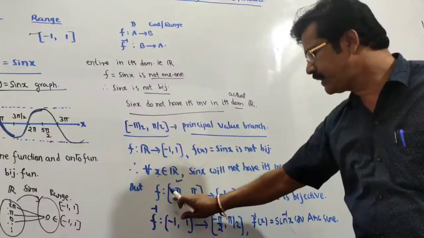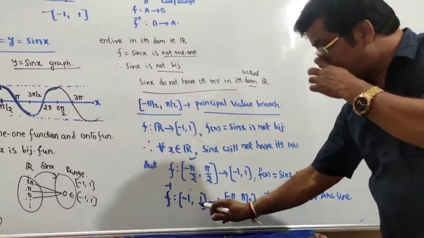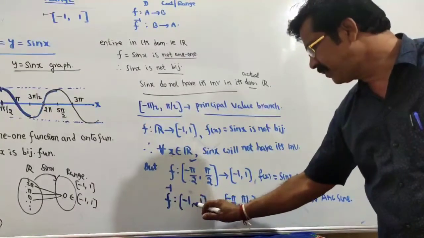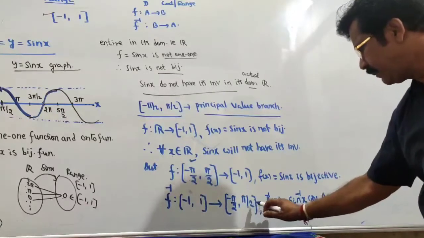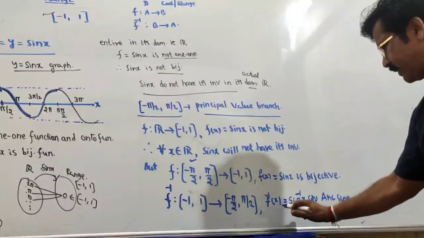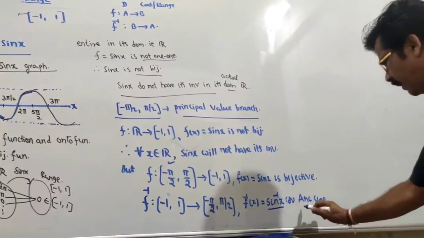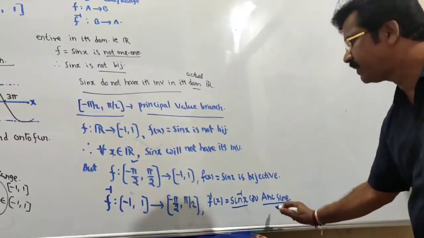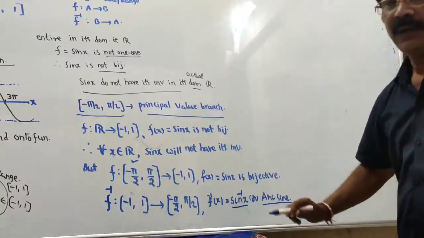In this branch, sin x will have an inverse. Thus, it is defined as f inverse from the closed interval of minus 1 to 1 to the closed interval of minus pi by 2 to plus pi by 2, and f inverse x equals, in its notation, sin inverse x or arc sine. This is the notation for the inverse function of sine. Okay, this is the definition of sin inverse x.